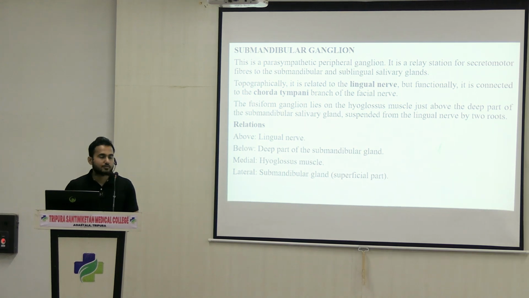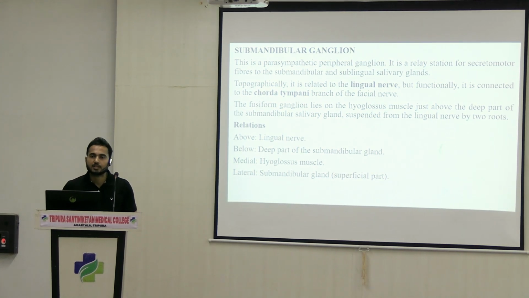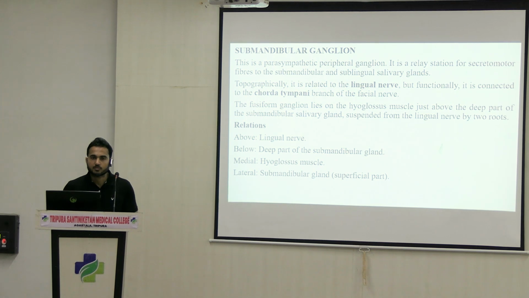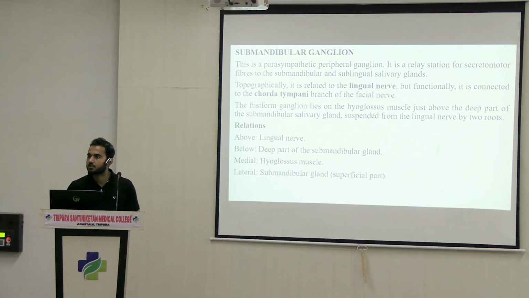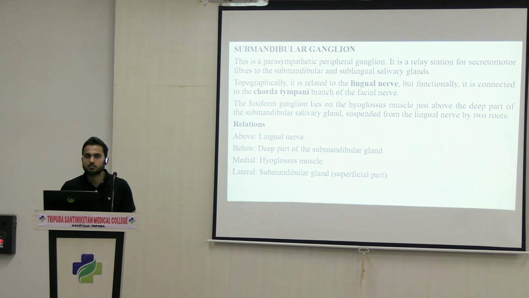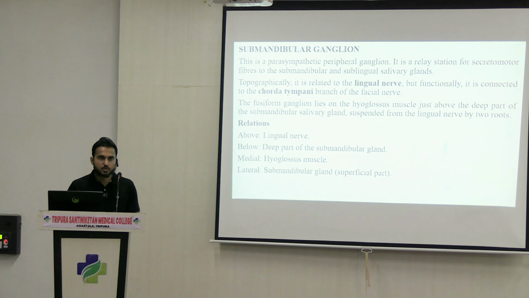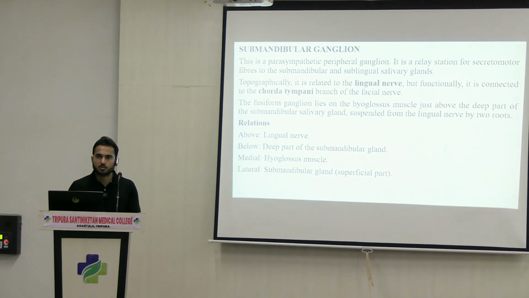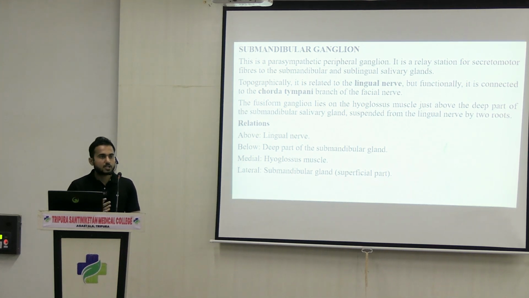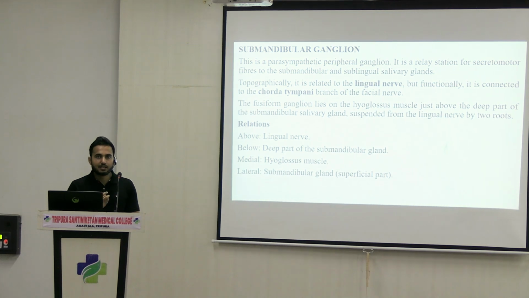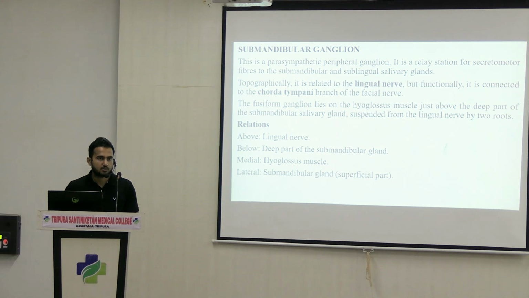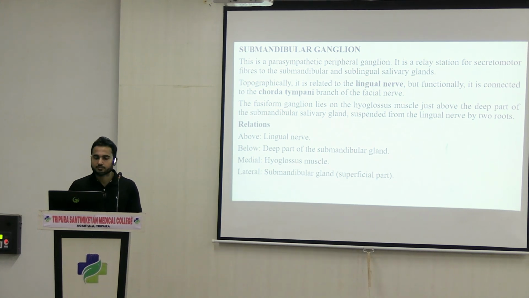What is the function of the sublingual and submandibular salivary glands? To produce saliva. Whenever saliva is produced, it has to be controlled. It is controlled by the secretomotor fibers, and those fibers come through that particular ganglion, the submandibular ganglion.